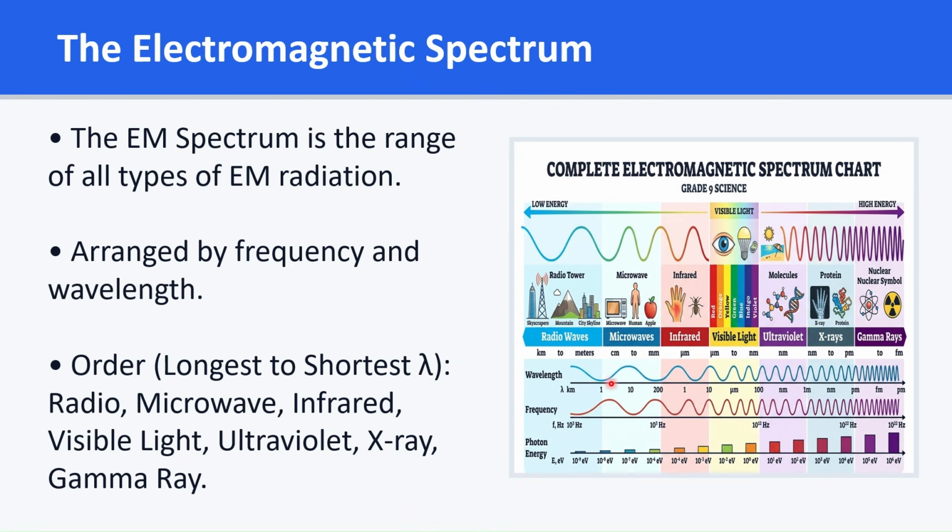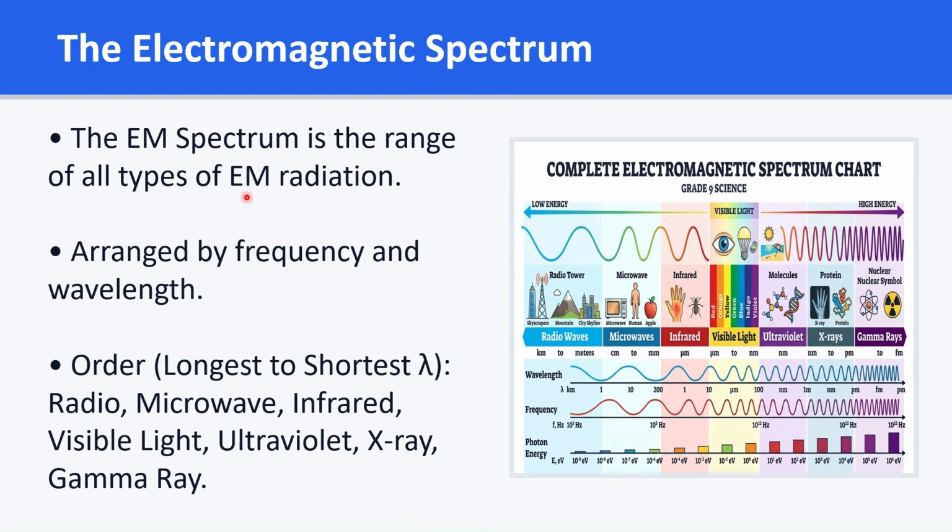And unsa ang nang sa wavelength kung paingon sa low energy, ug unsay nang sa frequency kung paingon na sa high energy. And this is the photon energy, kung pila ang energy sa matag waves.